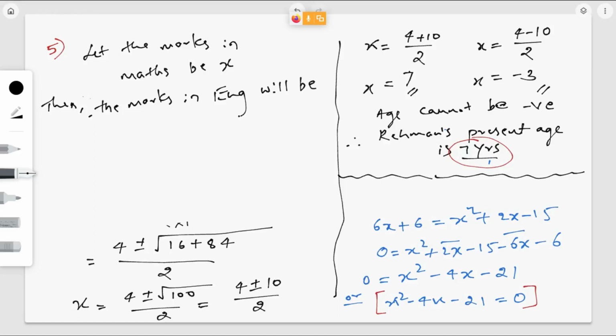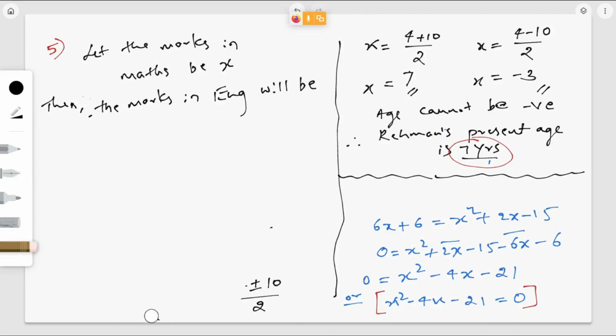In a class test, the sum of Shefali's marks in mathematics and English is 30. So the sum of her marks in maths and English is 30. If one is x, what about the other? See here, total marks is 30. If she scores, let me take 10, if she scores 10 marks in one subject, what is her marks in the other subject?